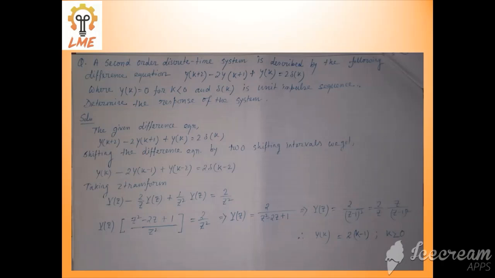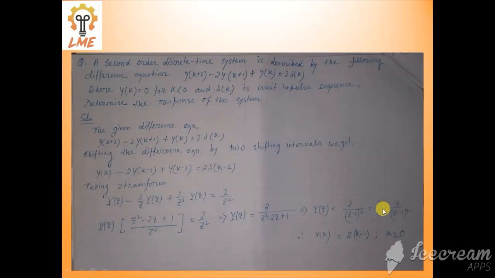So r(k), the unit ramp sequence, has the Z transform z by (z minus 1) square. r(k) is equal to k for k greater than or equal to 0, otherwise it is 0. The Z transform of r(k) is z by (z minus 1) square. So the inverse Z transform of z by (z minus 1) square means k.